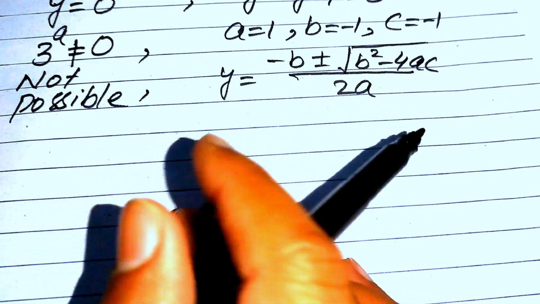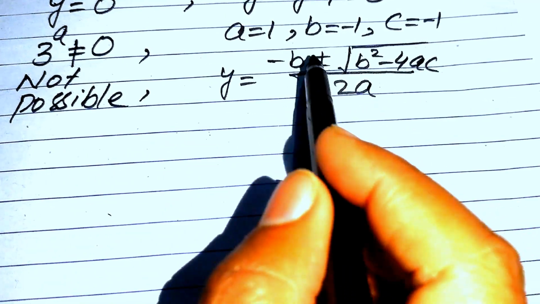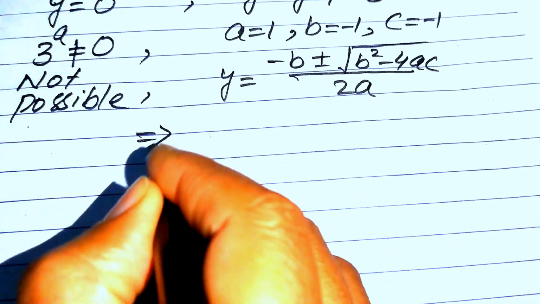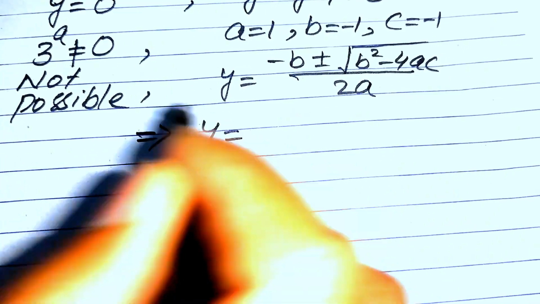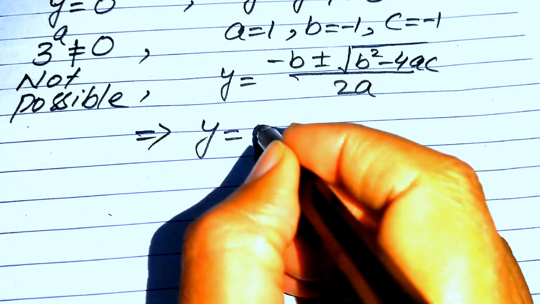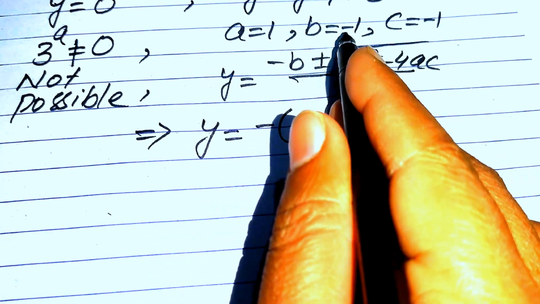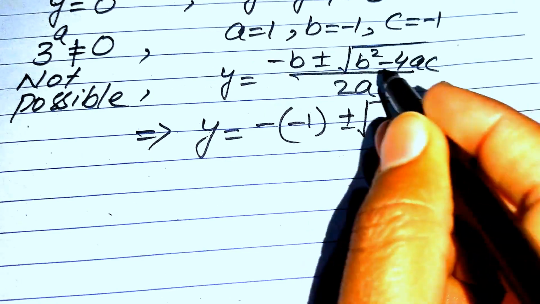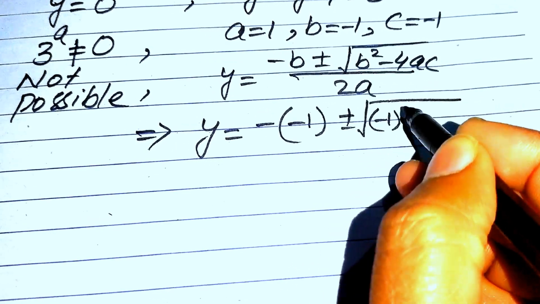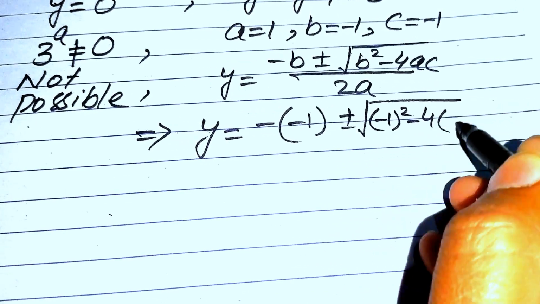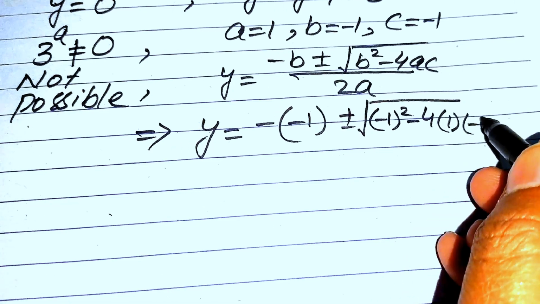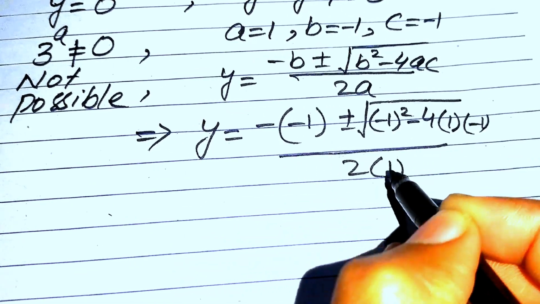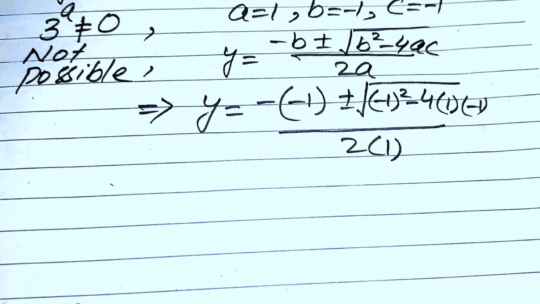Now we substitute the values of a, b and c: y equals minus b, where b is minus 1, plus minus square root of b squared, so minus 1 squared, minus 4 times a, which is 1, times c, which is minus 1, divided by 2 times a, where a is 1.